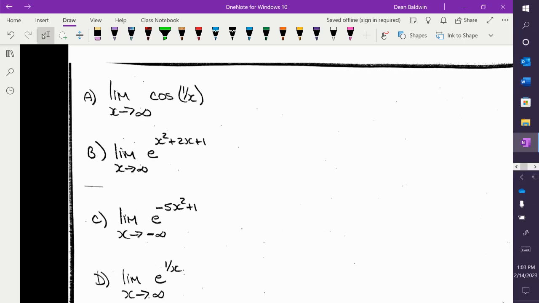The limit as x goes to infinity of cosine 1 over x. Okay, so here we go. If you put infinity into there, you get cos of 1 over infinity. Any constant divided by infinity is 0.